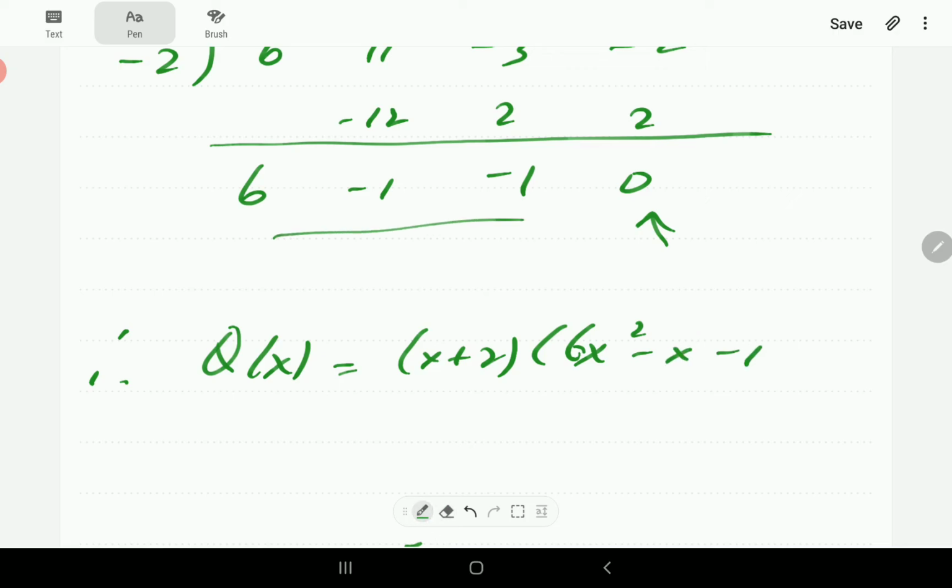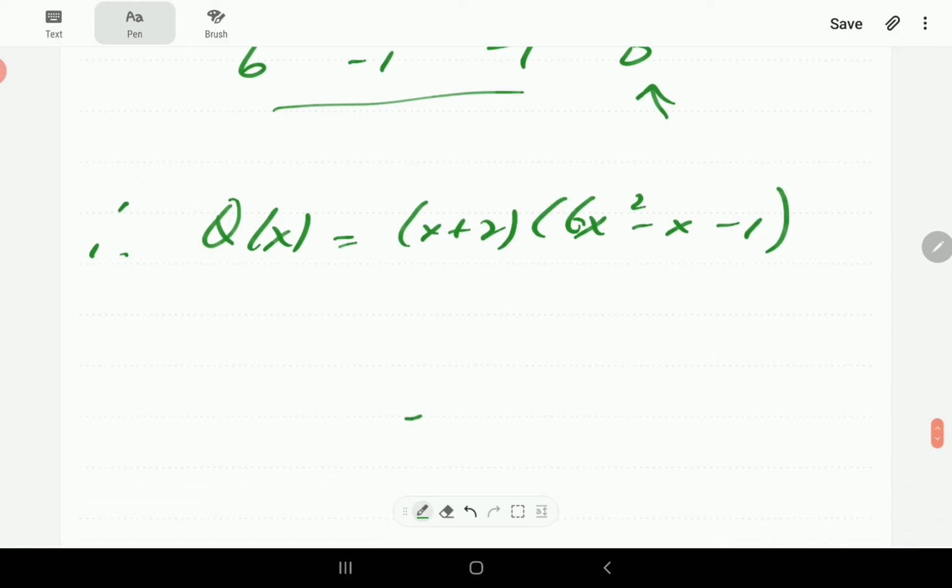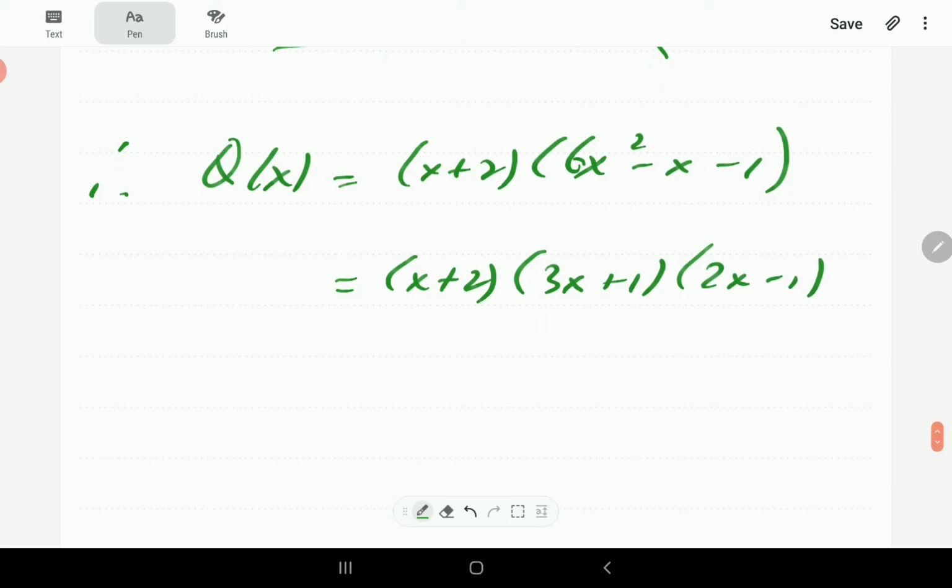From these coefficients, 6x squared minus x minus 1, we can factorize. If you need a refresher on that one, I'm going to post a link to a video for factorizing quadratics. It factorizes to 3x plus 1 and 2x minus 1.